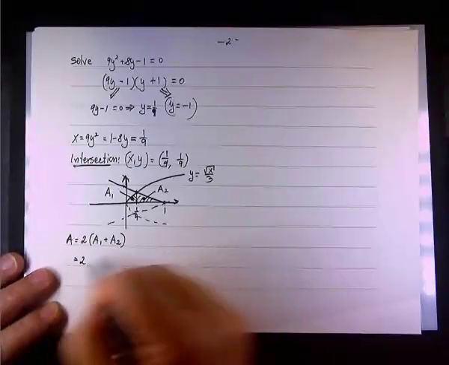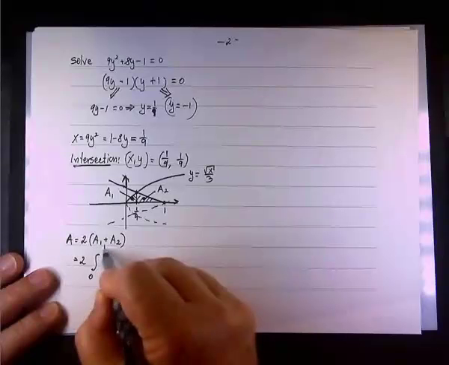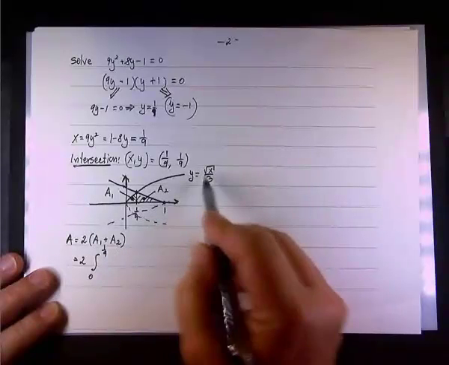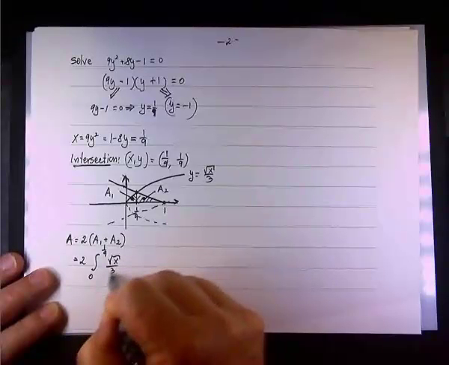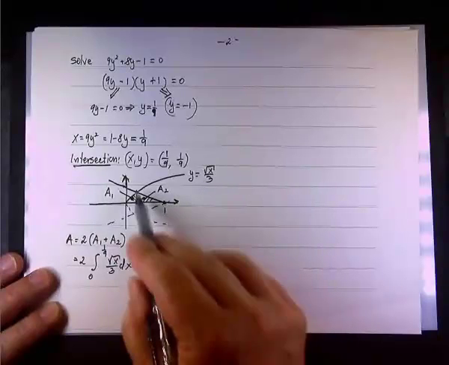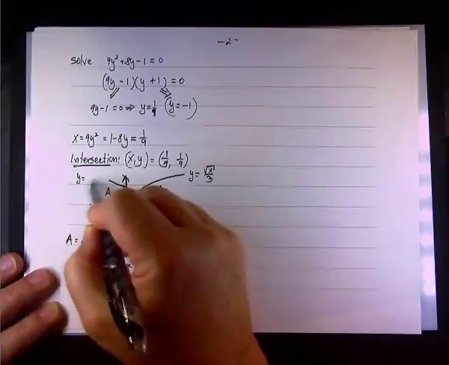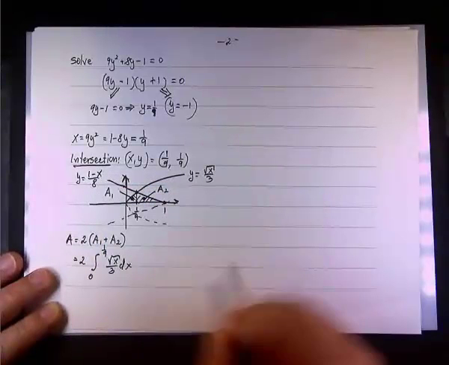So what is A1? Well, A1 is the integral from 0 to 1 over 9. We are looking at the area under the square root of x over 3. And what is the area right here? It is the area under this line. Remember, this line was y equals 1 minus x over 8. Okay?